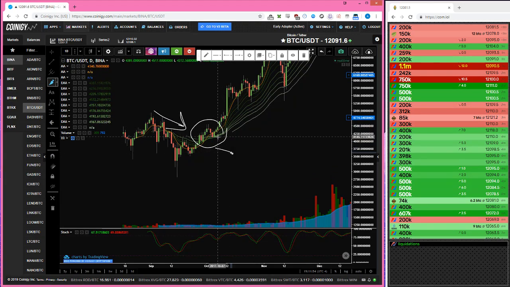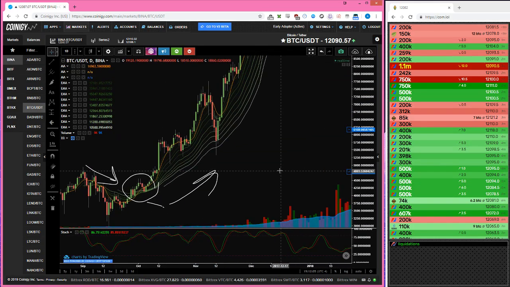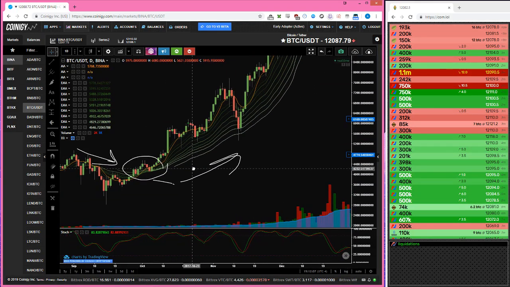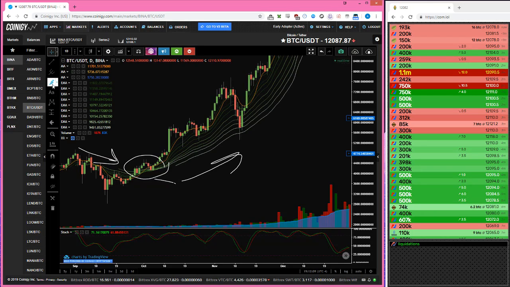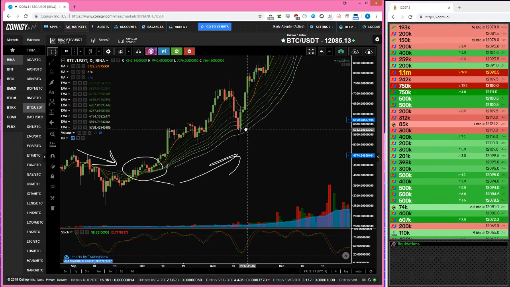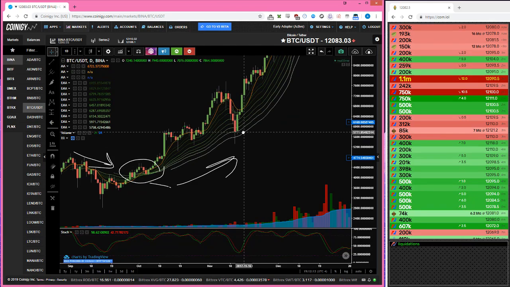So here, it flips, and then the trend changes. And also conceptually, if the trend is going one way, you want support to hold on the bottom of these bands.